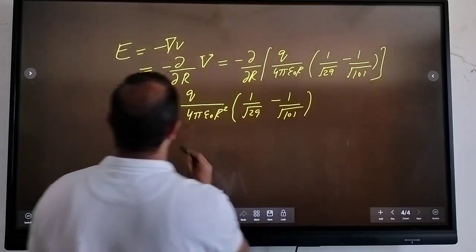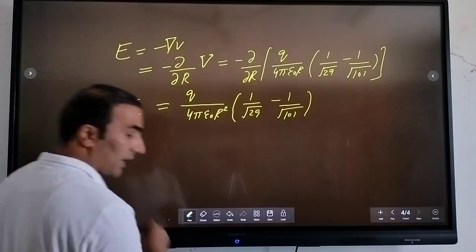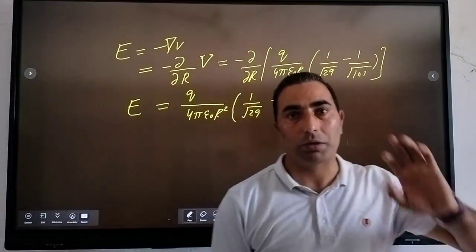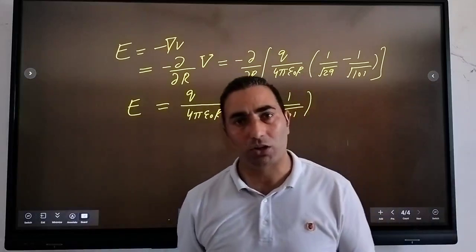So this will be the electric field. So this much electric field will be at point P. We have calculated the potential, so we can calculate the electric field.